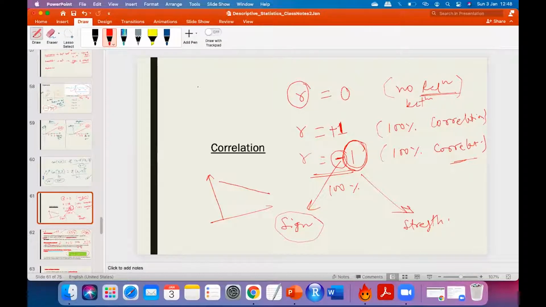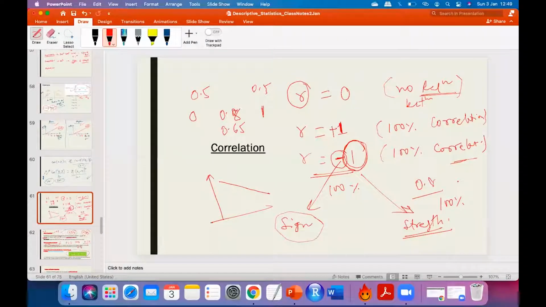And this value, whether it is 0.5, 0.8, 0.65, or 1 for that matter, the maximum can be 1 on both sides, whether negative or positive. Negative means negatively correlated, correct? And this value gives the strength of the relationship. 1 is 100% correlated. 0.8 means not 100% correlated, but still a strong correlation. Understood?